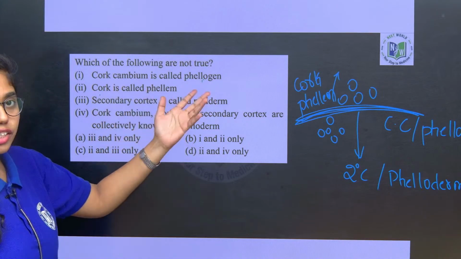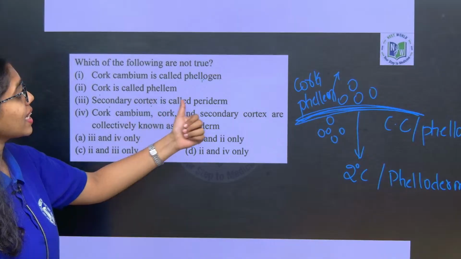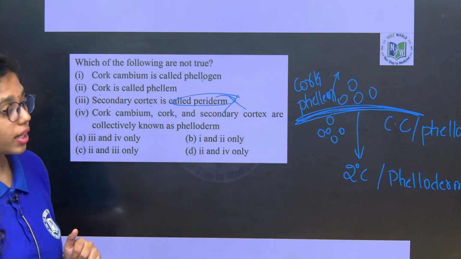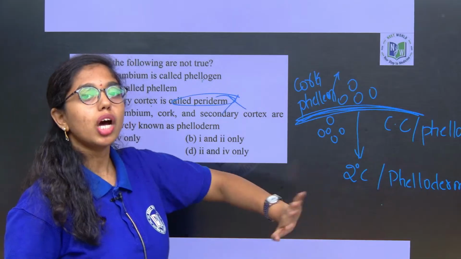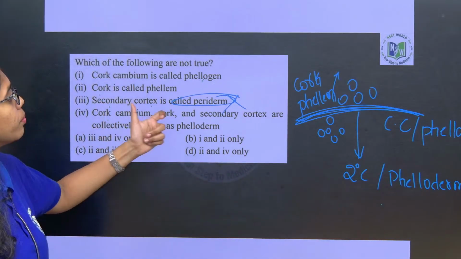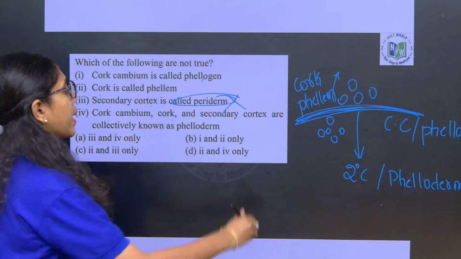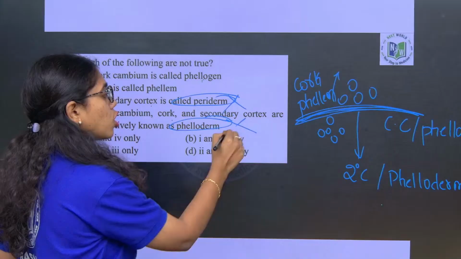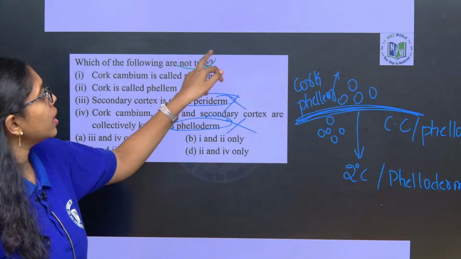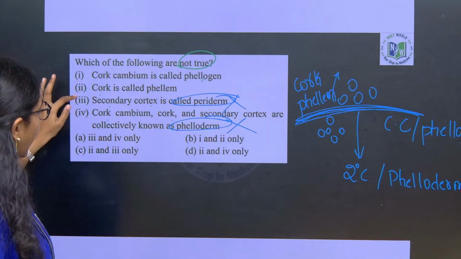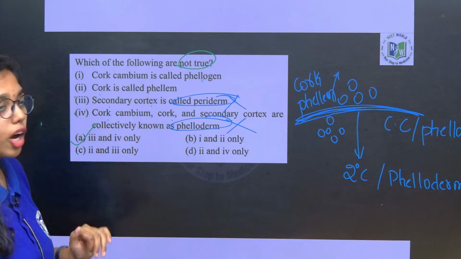Cork is also called as phellum, true. Secondary cortex is also called as periderm, this is wrong. Secondary cortex is also called as phelloderm, not periderm. Cork cambium, cork and secondary cortex collectively called as periderm, not phelloderm. So, this is also wrong. If you have to choose the wrong options or the incorrect statements, those are 3 and 4. So, we have to go with option A.